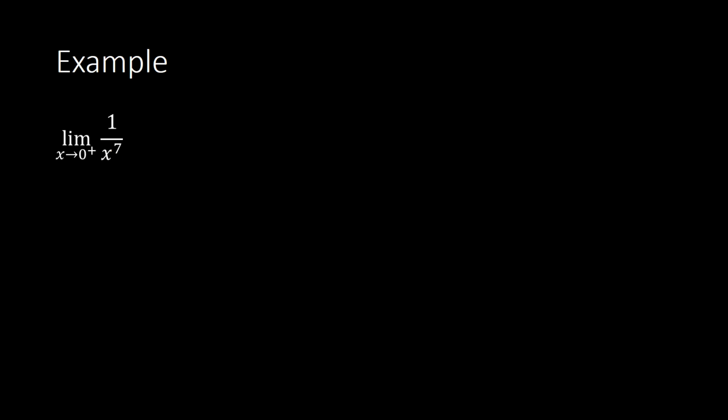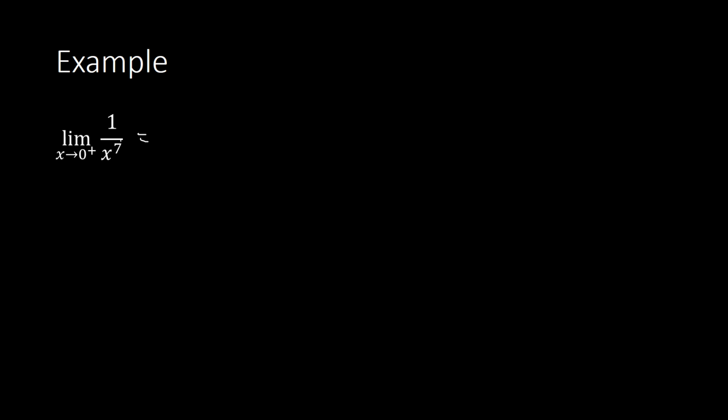Okay, now let's go to an example here. We've got the limit of 1 over x to the power of 7 as x approaches 0 coming from the right side. Instead of getting a value from the right side of 0, plugging it in, and doing every algebraic computation, which would take time, we will use the theorem, the shortcut, and simply look at the exponent of our x, whether it's even or odd.